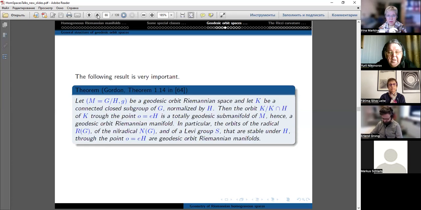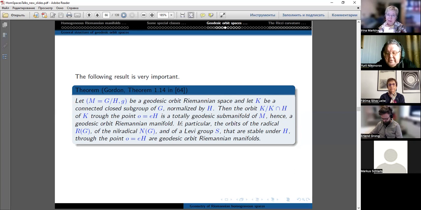Okay, and some other structure result by Gordon. If we have a general geodesic orbit Riemannian space and K is a connected closed subgroup of G normalized by H, then the orbit of K through the initial point is a totally geodesic submanifold of M. Hence, a geodesic orbit Riemannian manifold.